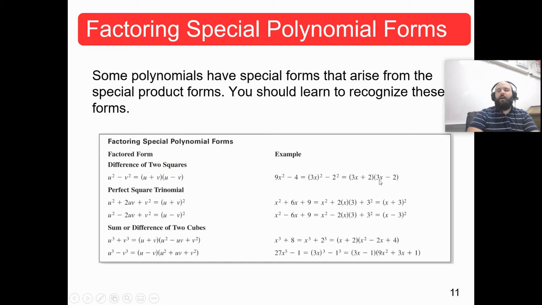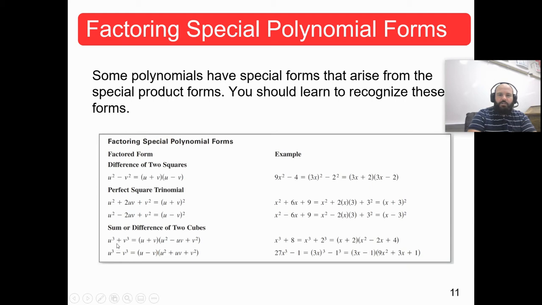A similar formula, but probably a little bit more complex, is the one for the sum or difference of two cubes. I'm not too worried about the perfect square trinomials, so we can skip over those for now. But this difference of two squares, which I just went over with you, and this sum or difference of two cubes are really important as well.